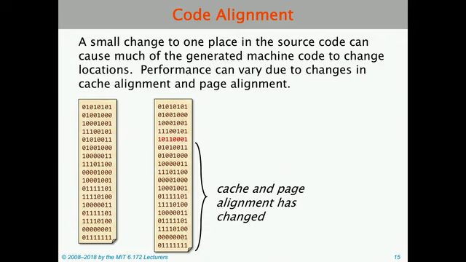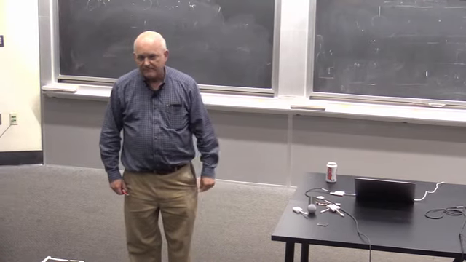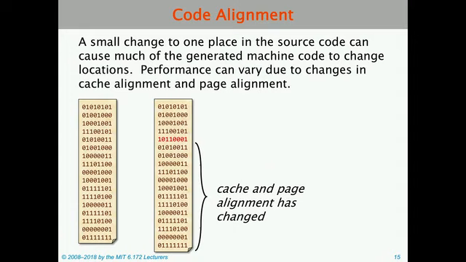What happens is you have your program and you make a change that you think is improving it. But let's say it causes an extra byte to be put into the code. Maybe the compiler's really smart, but you made some little change, and then everything that follows gets shifted down. So the cache alignment issues can be completely different.